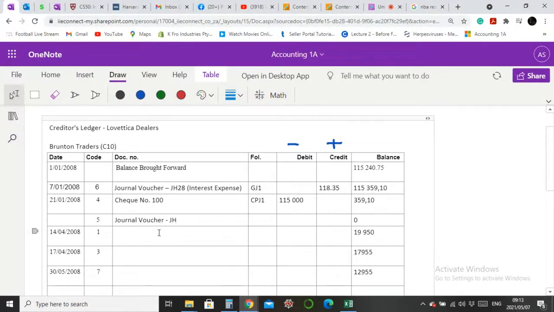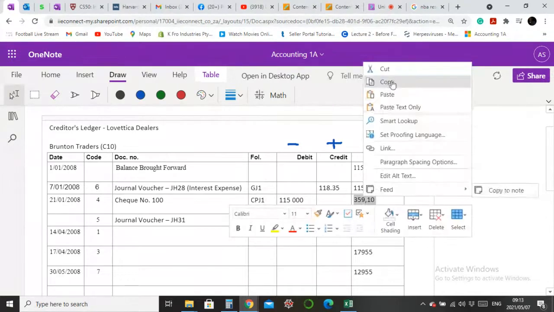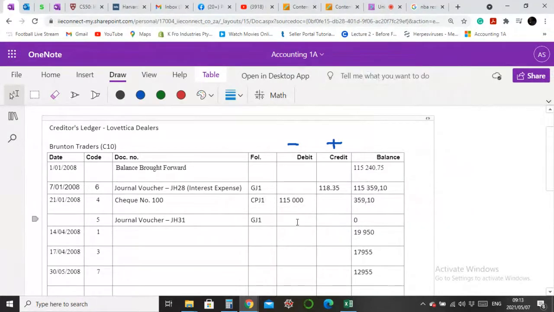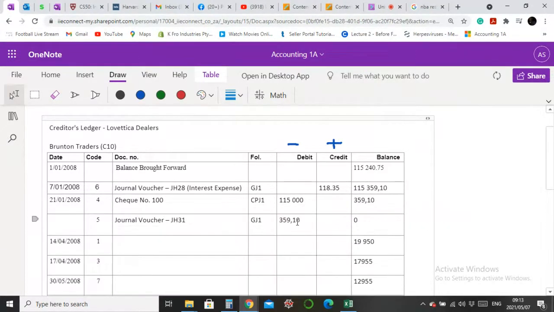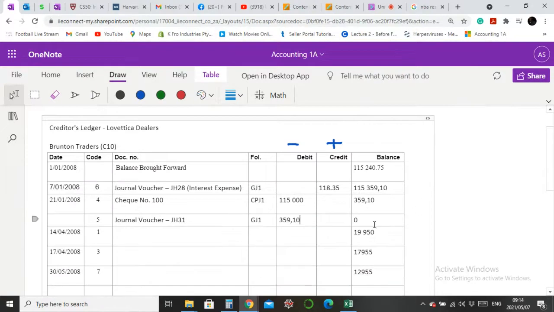I'll check now. JH 31. Okay, cool. This is obviously journal, and that happened in January. So we say 1. Okay, and that was for the balance owing, which is this amount right here. Again, we're going to debit that because it's decreasing our account. So that brings us to 0.